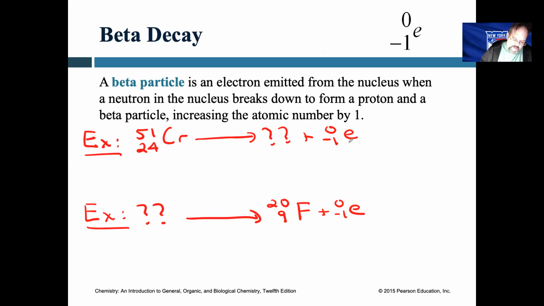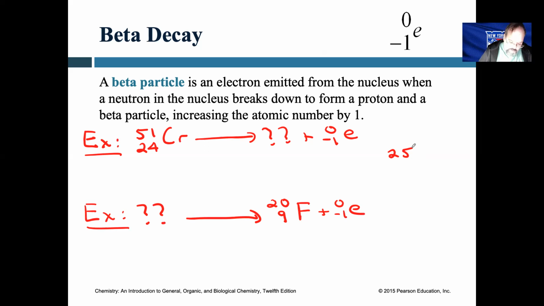So on the product side, what plus -1 gives us 24? And the answer here would be 25. 25 minus 1 is 24. A common mistake students make here is that they put 23. 23 minus 1 is not 24. 23 minus 1 is 22. 25 minus 1 is 24.